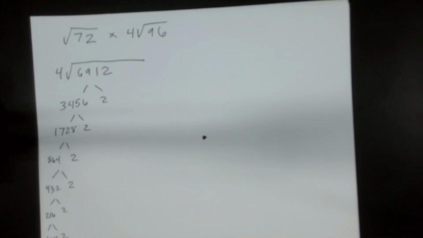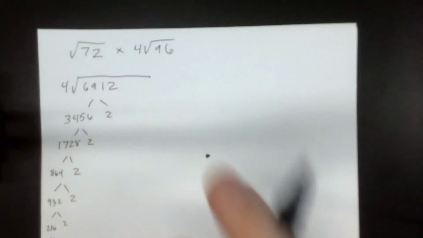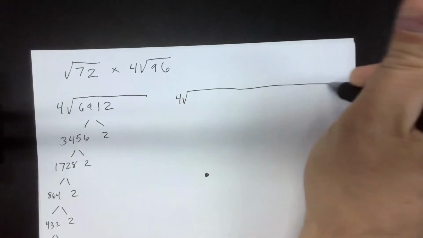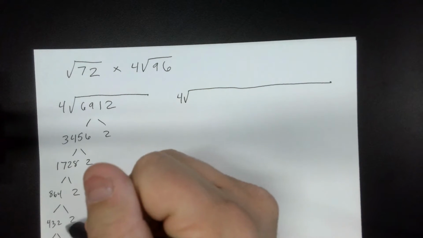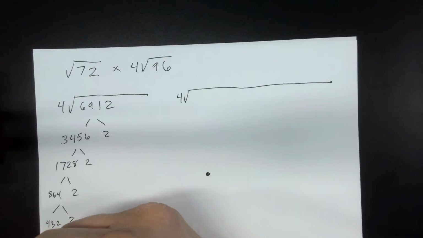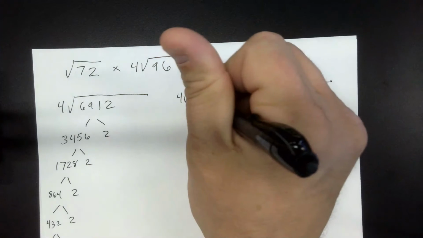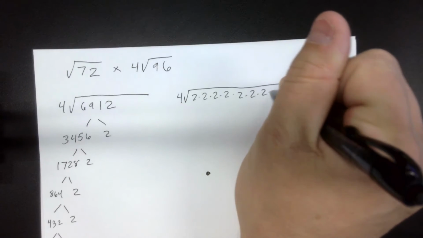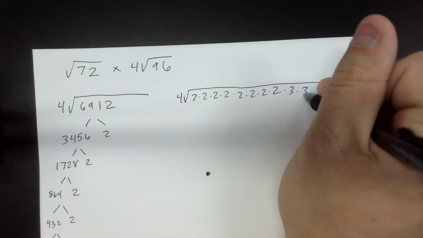Okay, so underneath our square root, now we're going to go right back up here. We're going to have a 4 on the outside. 1, 2, 3, 4, 5, 6, 7, 8 twos, and 3 threes.